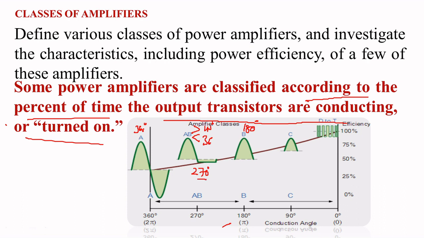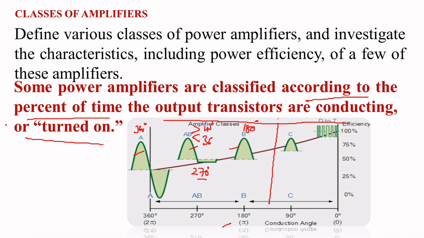We have other amplifiers also, but we are discussing dominantly class A, B and AB amplifiers. We will not touch other amplifiers like C, D up to T. Those amplifiers do not work on the principle of amplification. Those circuits are used for tuning applications or some other switching applications.